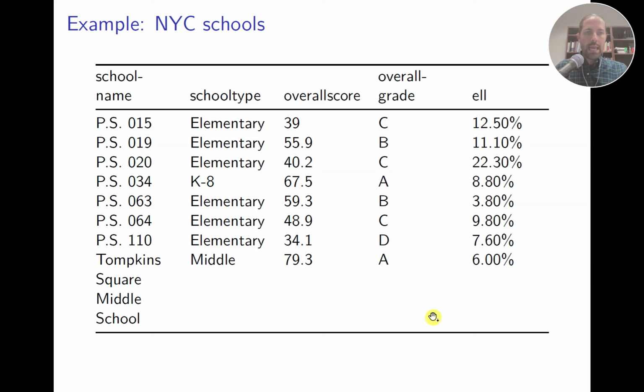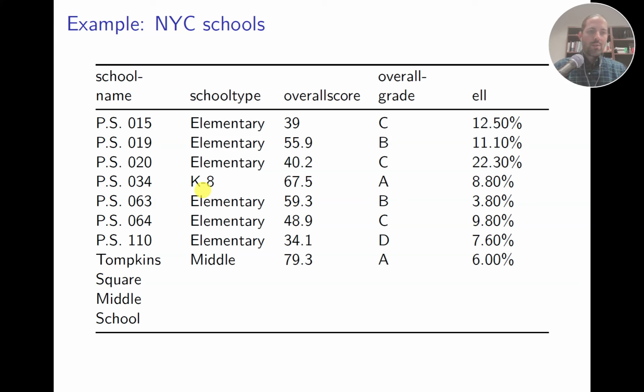Now, one complicating factor is that often data gets stored using numbers, usually whole numbers, even if it's a qualitative variable. So for example, I could easily imagine myself downloading this data set and having a code book that tells me that elementary schools are coded as 1, middle schools are coded as 2, and K through 8 schools are coded as 3s. And so then in my spreadsheet, I would see 1s and 2s and 3s, and I might think that this is a quantitative variable.